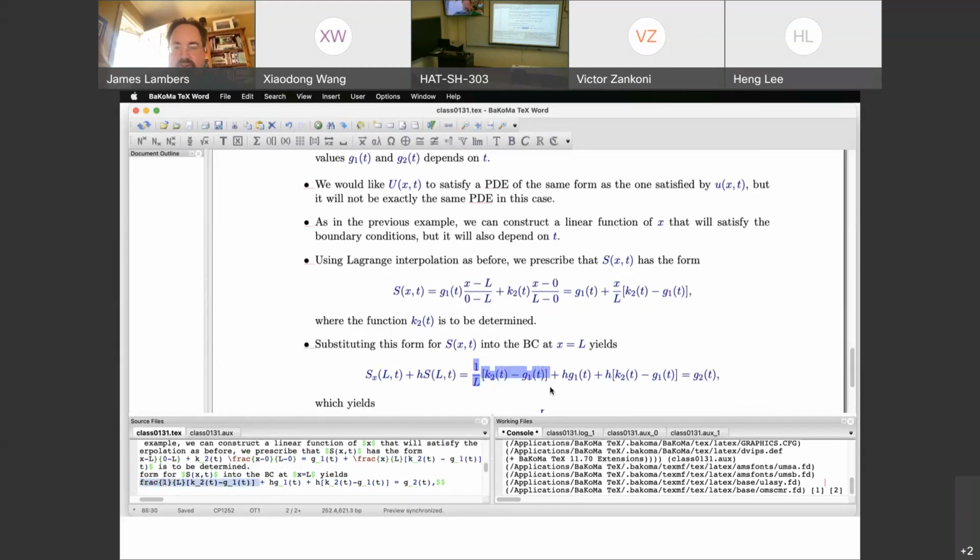So that's here. And then I want the value of this at x equals L, and that gives me all of this. But this is going to simplify quite a bit because the terms involving g1 will cancel out. And because of the original boundary condition, I know that I need this to equal g2 of t, which is given.